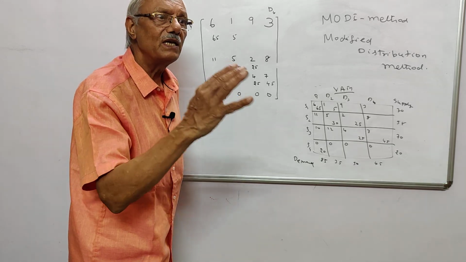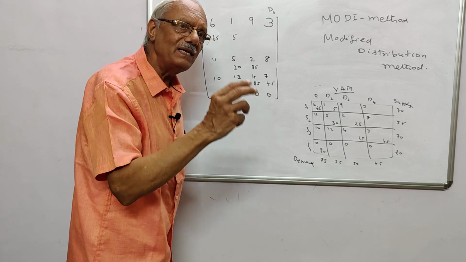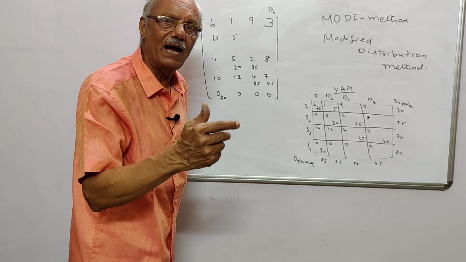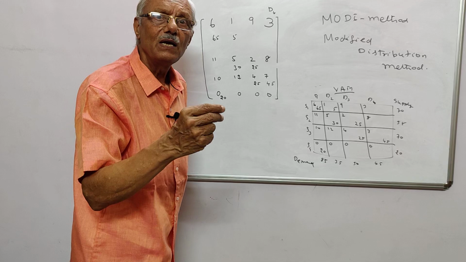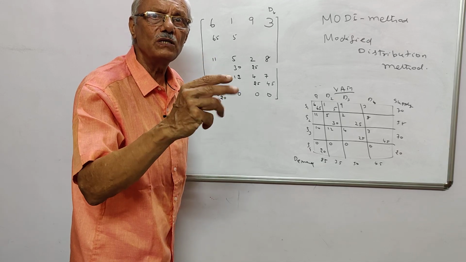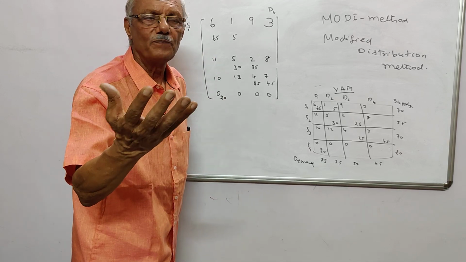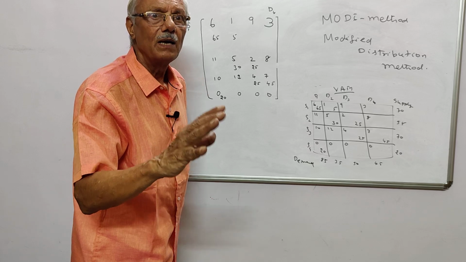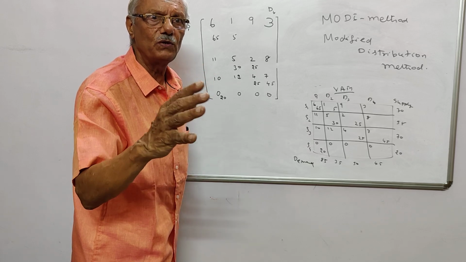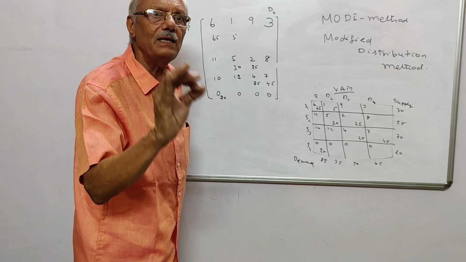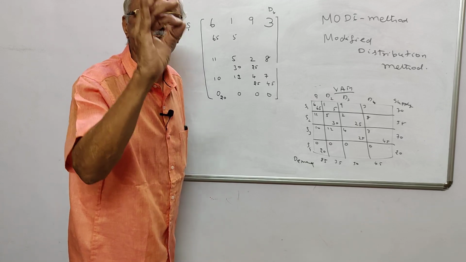Can you understand? That is what I am trying to do, and it is as good as finding the non-basic solution in a simplex method. But you need not go deep into that. Just understand the way this problem is done.